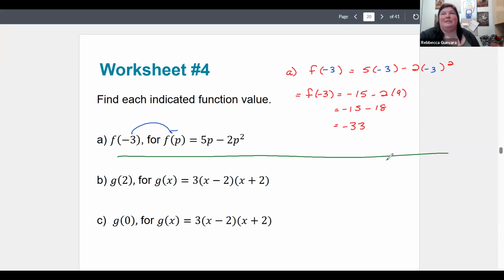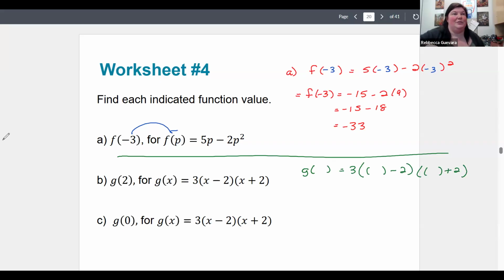So B and C, we'll just do those together. So we got g of x. I'm going to replace every place I have an x, I'm going to leave an empty spot. So I have 3 times x minus 2, which we're leaving blank, and then times x plus 2.